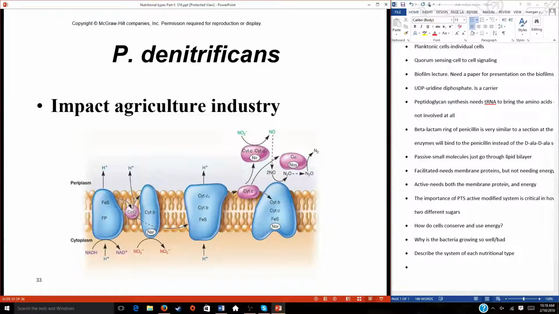And it's the same with a lot of these other nutritional types, that there are some examples of where if oxygen is present or not present, and that's the difference between the lithoautotrophs and the organo-heterotrophs, the first two examples. You can have one organism that can have both of those. So when there's a lot of oxygen, it does its thing, and when there's no oxygen, it switches to the other.